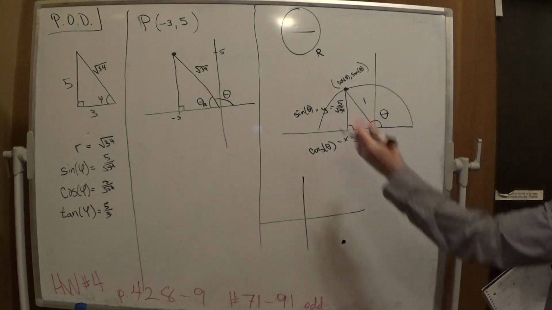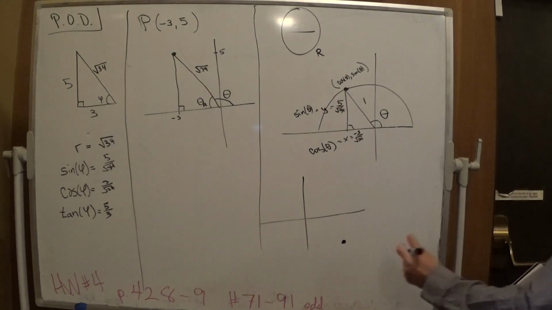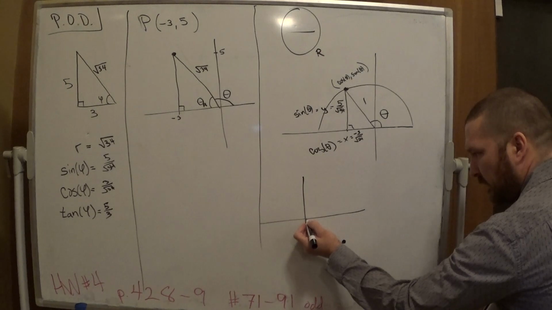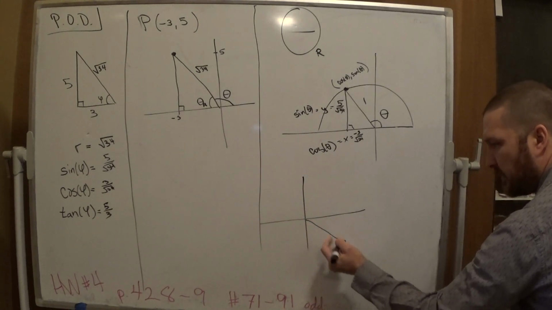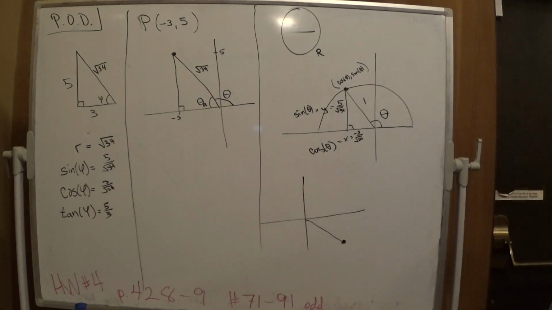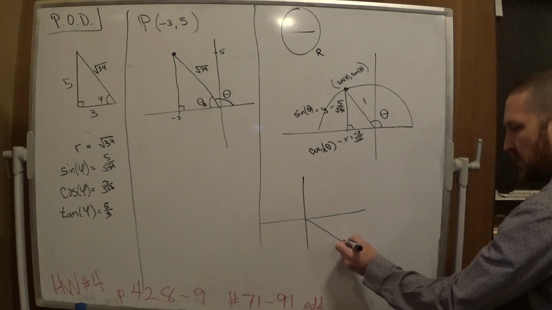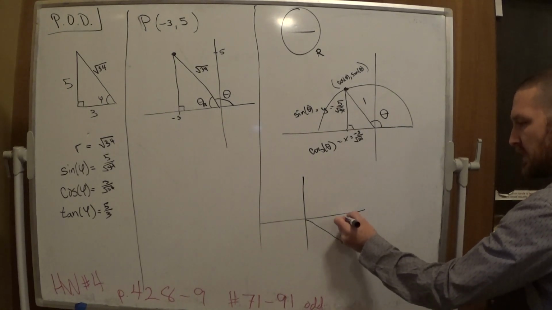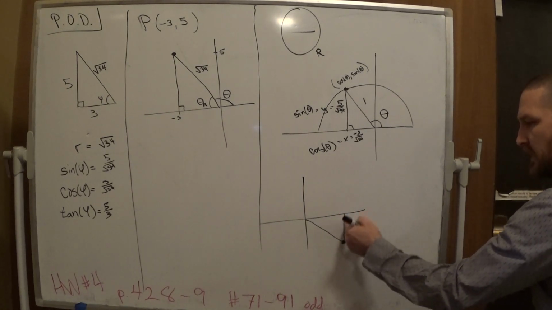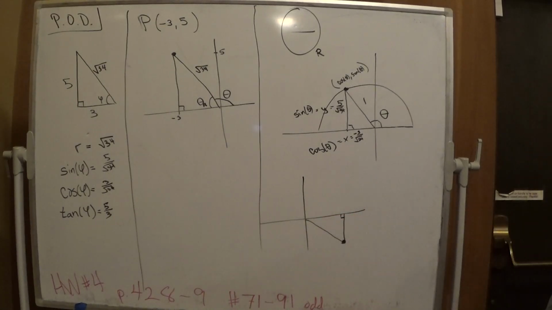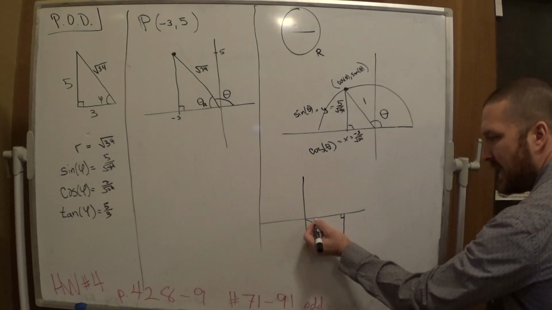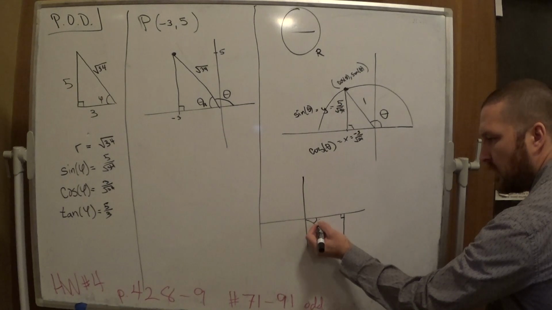You could construct a right triangle by, one, drawing a line from the origin to the point, that's going to be your hypotenuse. And then you draw a line directly to the x-axis. Since it's directly to the x-axis, that's a right angle. And this angle right here is what we call the reference angle.